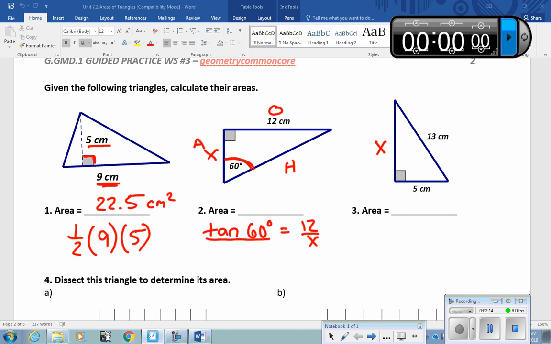So I'll put this over 1. We'll cross multiply it. So we got 12 times 1, which is 12, and then tangent of 60 times x. And then I want to divide both sides by the tangent of 60.